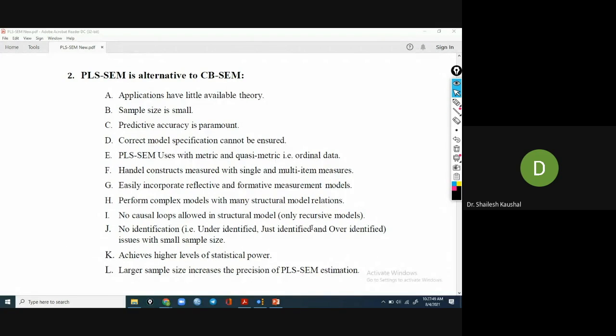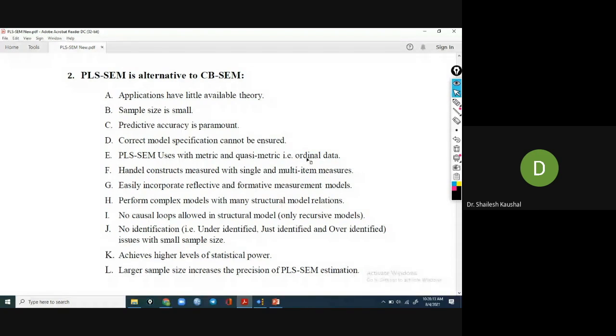Then predictive accuracy is paramount. Correct model specification cannot be ensured. The PLS SEM is used with metric and quasi-metric, or specifically ordinal data also. Ordinal means Likert scale type data, 5 point. But we cannot perform it with nominal data.